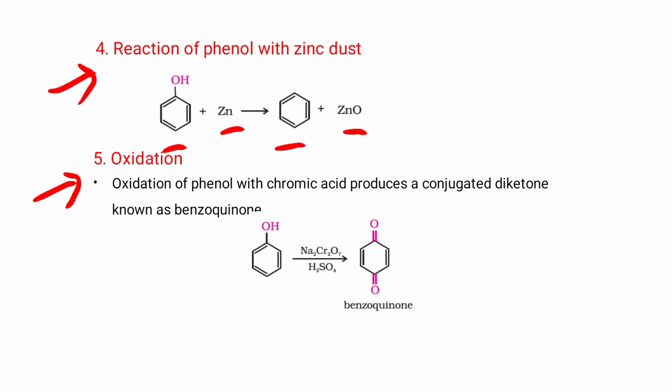So this is the reaction, students, when phenol reacts with Na2Cr2O7, chromic acid, sodium dichromate in the presence of acidic medium, that is we are taking H2SO4, this phenol will convert into benzoquinone. So phenol is converted into benzoquinone.